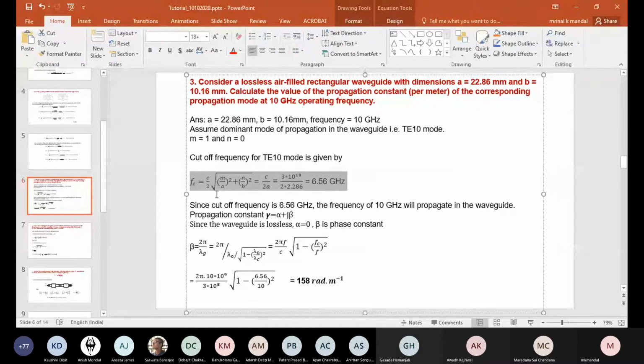We just put the formula, and fc is coming 6.56 gigahertz for TE10 mode. Okay, so once it's done, then put the values here. It is coming 158 radian per meter.